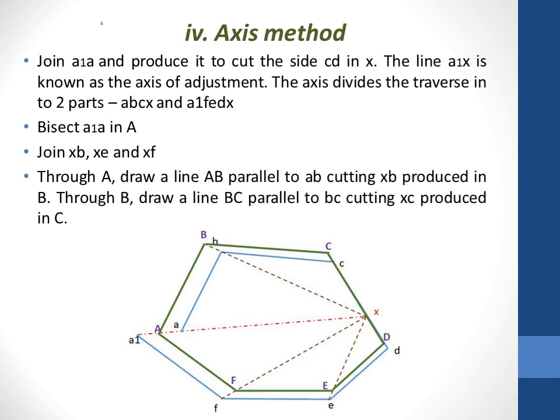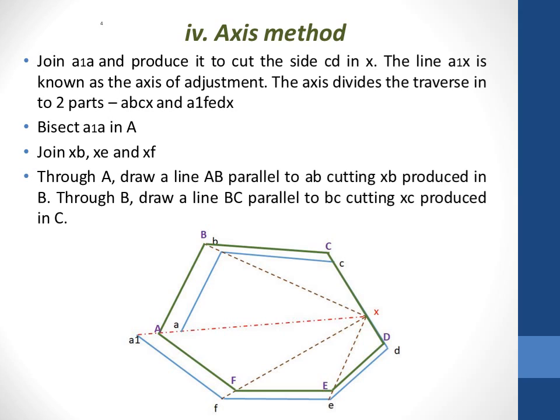Okay. So to adjust this, first you have to join A1A. You have to join A1A and produce it to cut the side small CD in X. You have to prolong the line so that it will touch the other side, that is the side CD, and that point is small x. The line A1X is known as the axis of adjustment.